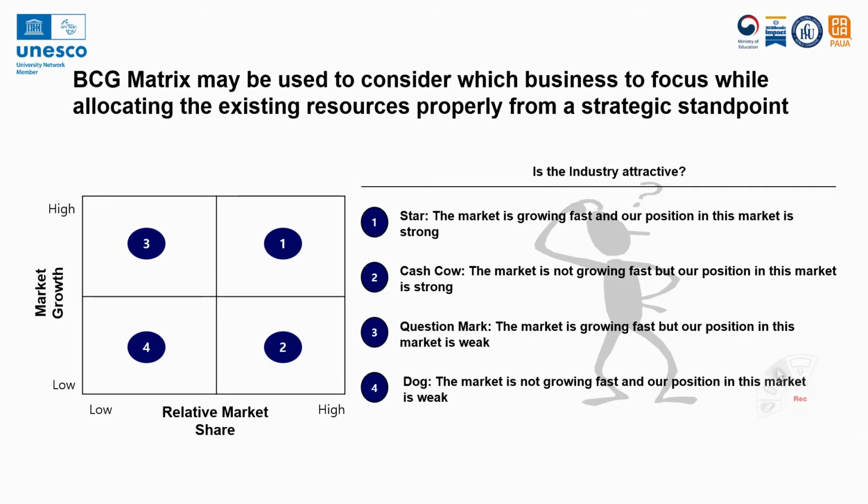If you see the left-hand side on the top line of your left-hand side is number 3 area, that is question mark. Why do we call this area question mark? Because the market is growing fast, but our position in this market is weak.